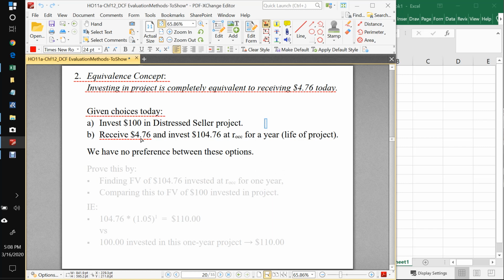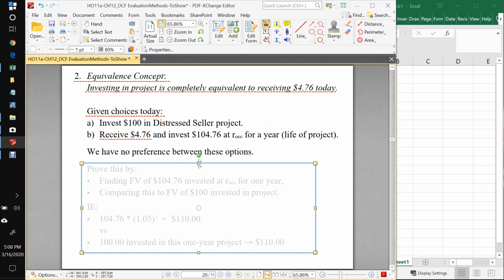Okay, so getting $4.76 dropped on our head and investing it in our opportunity cost investment is exactly the same as putting $100, not getting the $4.76 dropped on our head, and putting our $100 into the distressed seller project. And we have no preference between these two.